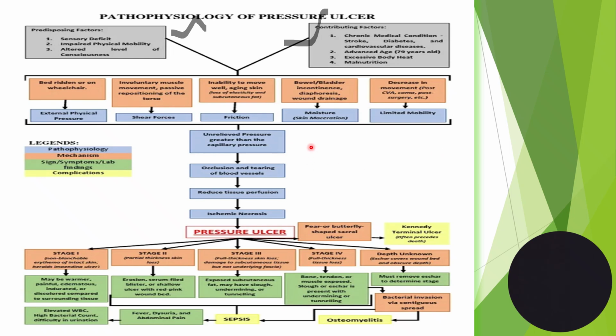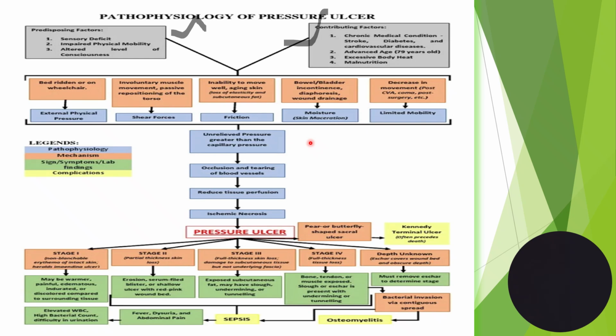Okay, so which may lead to unrelieved pressure greater than capillary pressure. So here what will be happening? The pressure cannot be unrelieved for a prolonged period of time. It will be greater than the capillary pressure, so what will be happening?